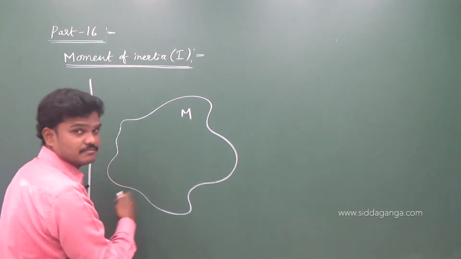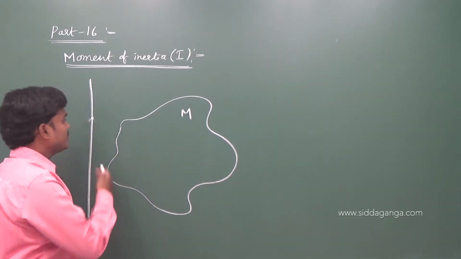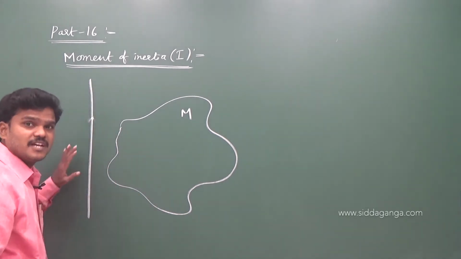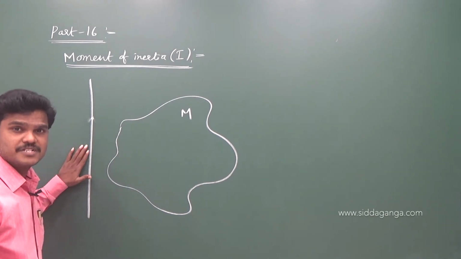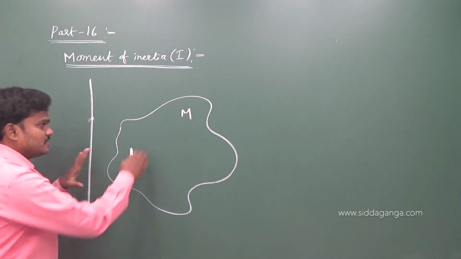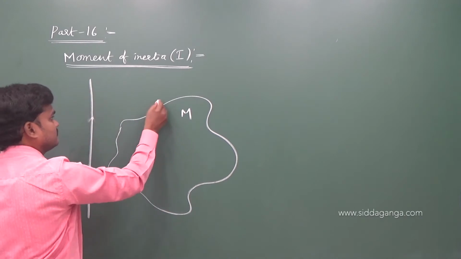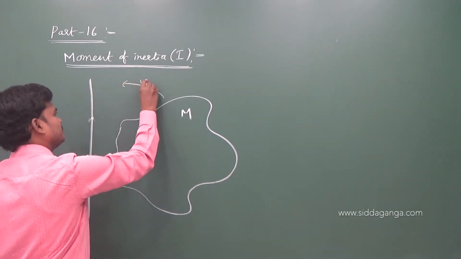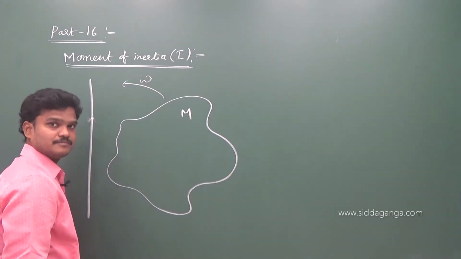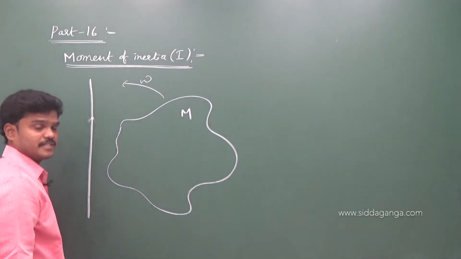What is the name of this axis? Axis of rotation. I think you remember axis of rotation. And this rigid body is going to rotate about this axis with an angular speed omega. Omega is the angular speed.